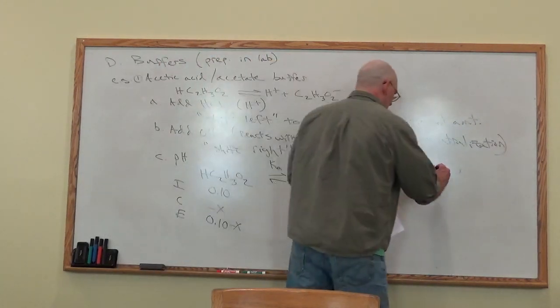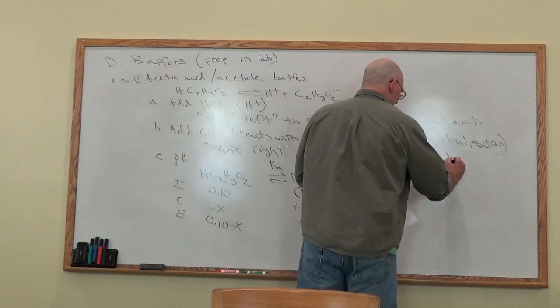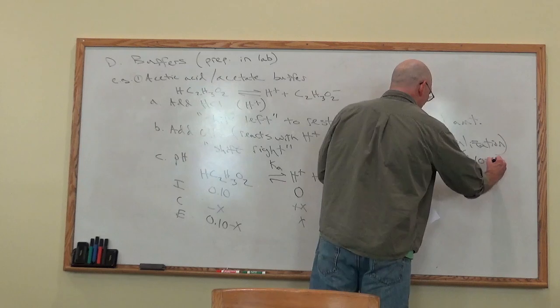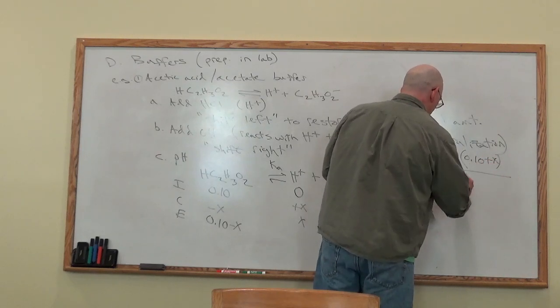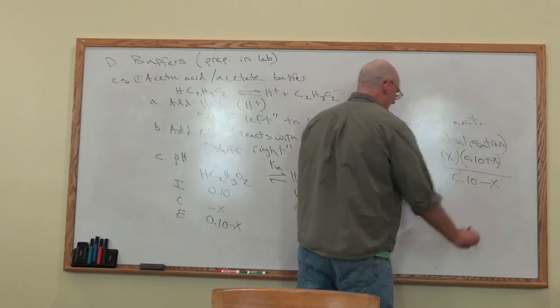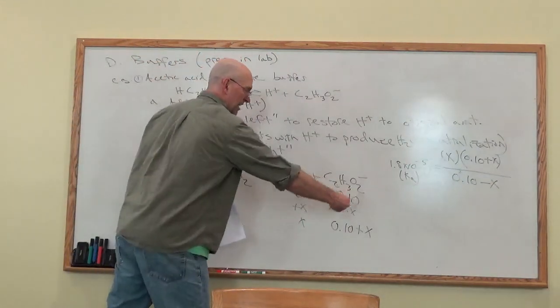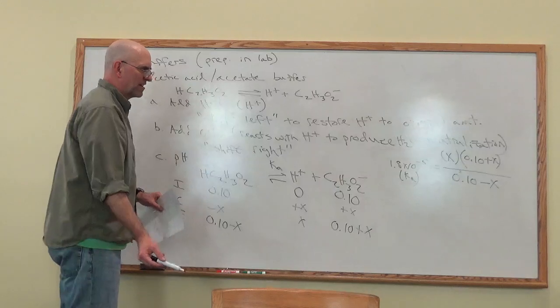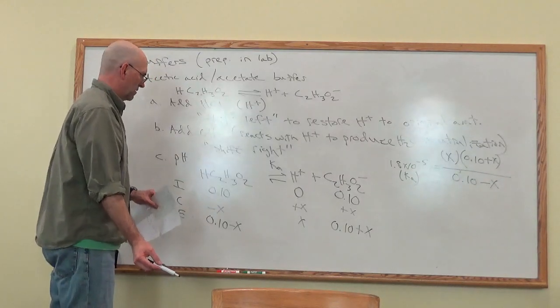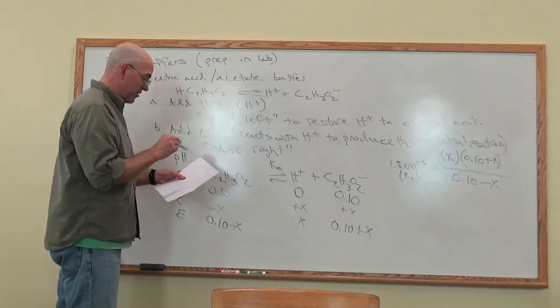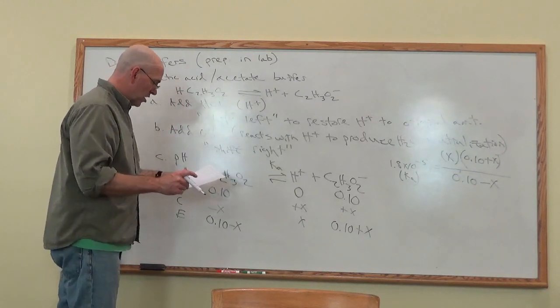It's going to be equal to X times the quantity 0.10 plus X, over 0.10 minus X. Normally we put like an X squared there, but we're not going to do that in this case. So yeah, that's the key. We have an X in the numerator now that we can't just ignore.